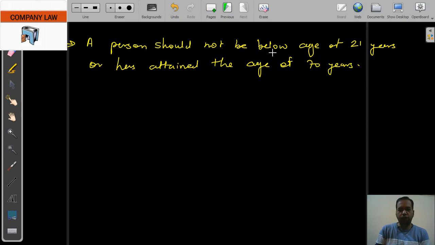So a person to be qualified as the MD, manager or the full-time director, his age should be 21 years to 70 years.